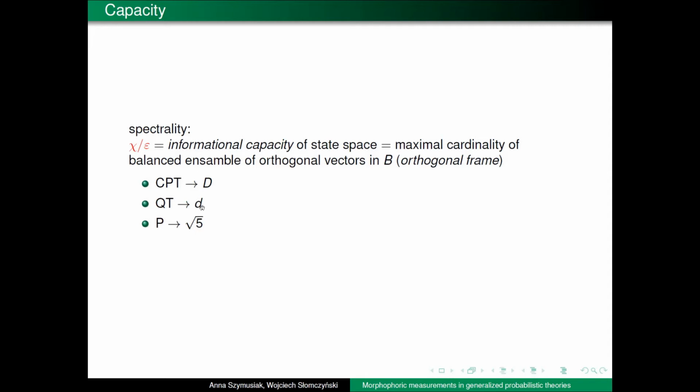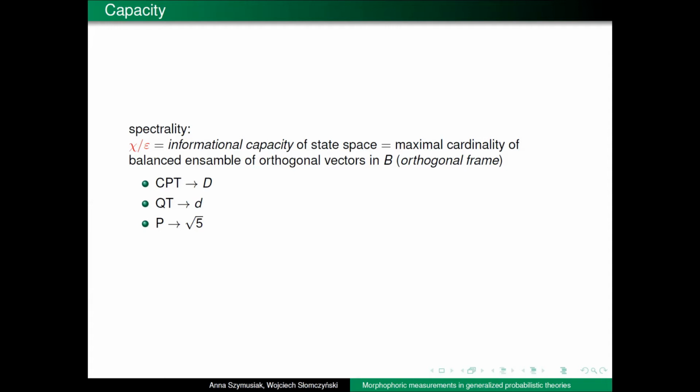For the pentagon, this parameter is equal to the square root of 5. So definitely this pentagon space is not spectral, because otherwise this must be a natural number. But it seems that this parameter is crucial, because all these notions depend on this underlying map T between the space and the dual space.